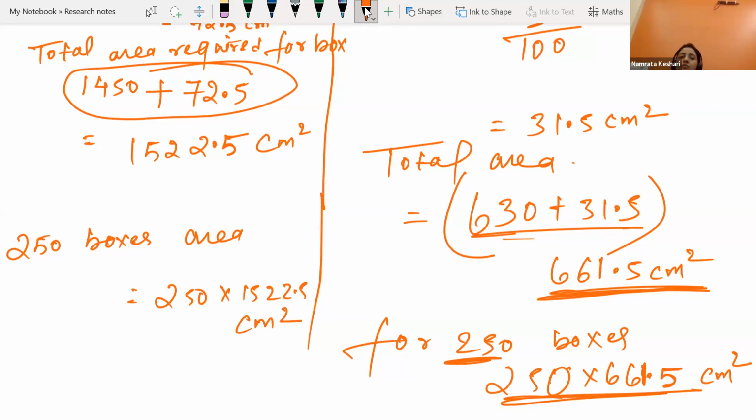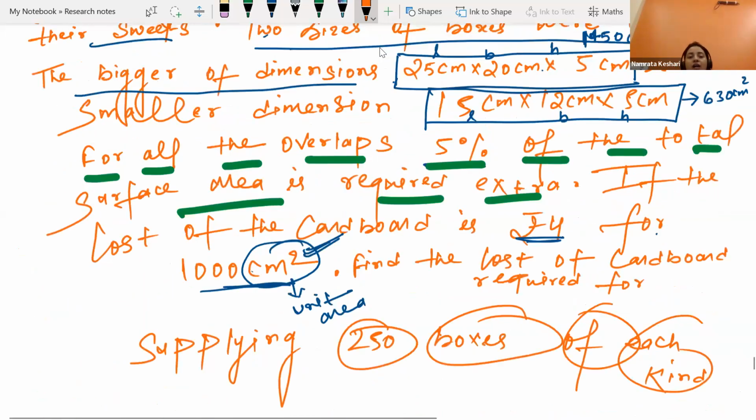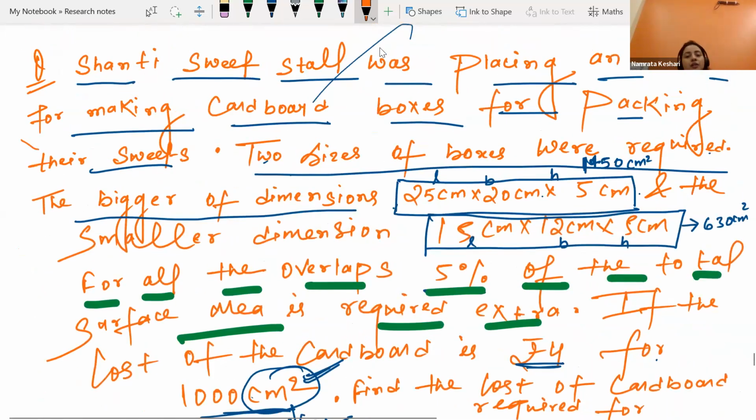For one box area is this one, for 250 boxes area is this one. Don't do the multiplication now; we'll only be doing the simplification and try cancelling it out. So let's keep it like this. Is it clear so far to everyone? Yes, ma'am. Okay, now let's read the last part, because the whole story we understood, that 5% is going as an extra.